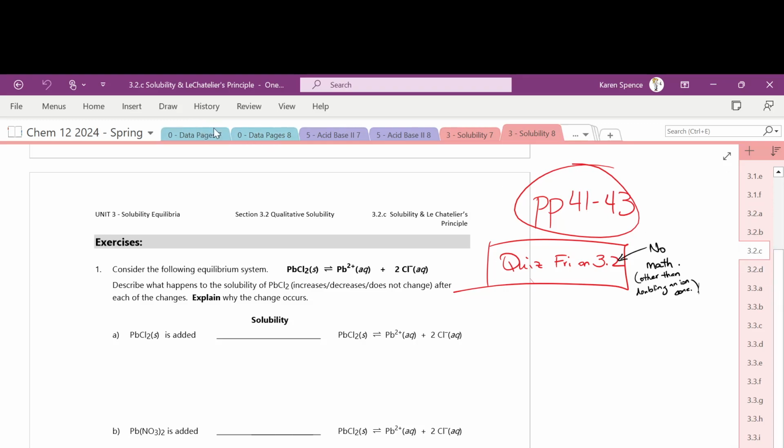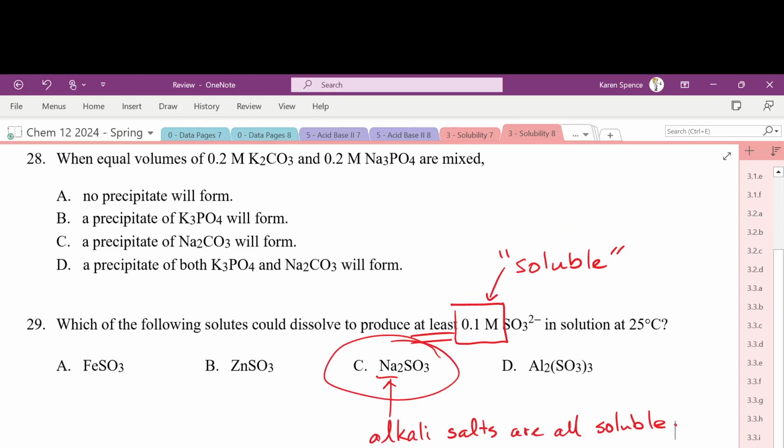Anything else? Yes. I mean, I don't know. I know that some versions of my test have that on it and some of them don't, because it's just a random which version you get. Okay? Anything else?